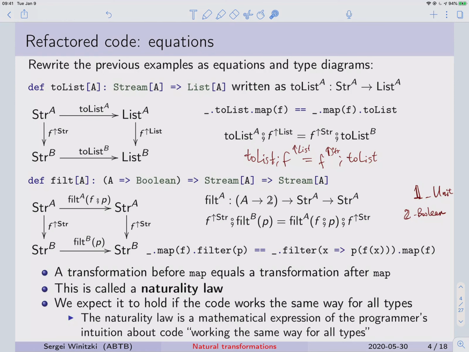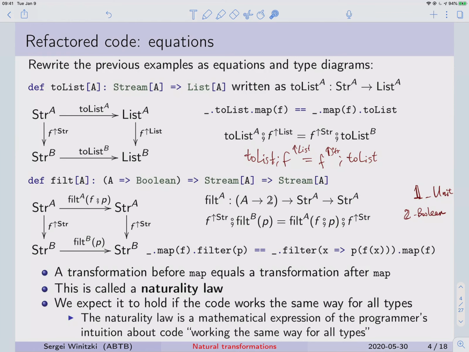So first you lift f to the stream, then you filter with p, or you first filter with f before p, so f is applied to x before p, and then you map with f, so you lift f to the stream.